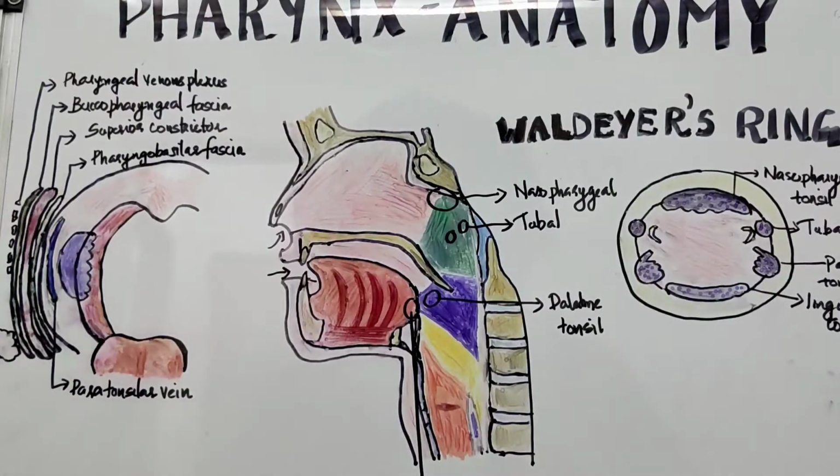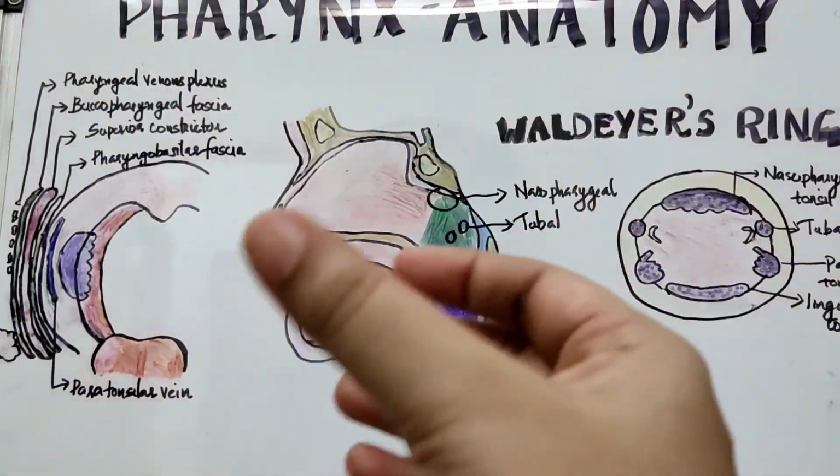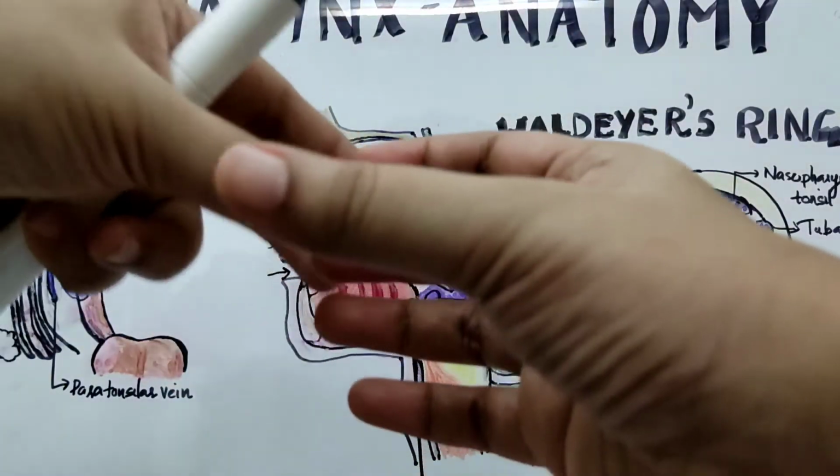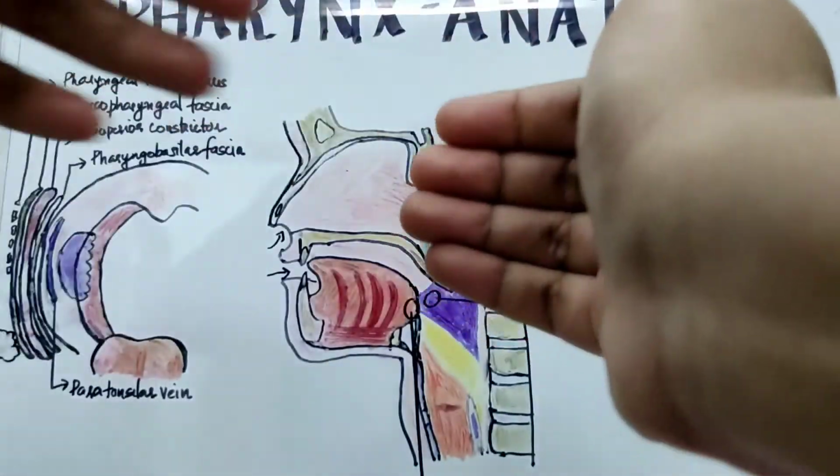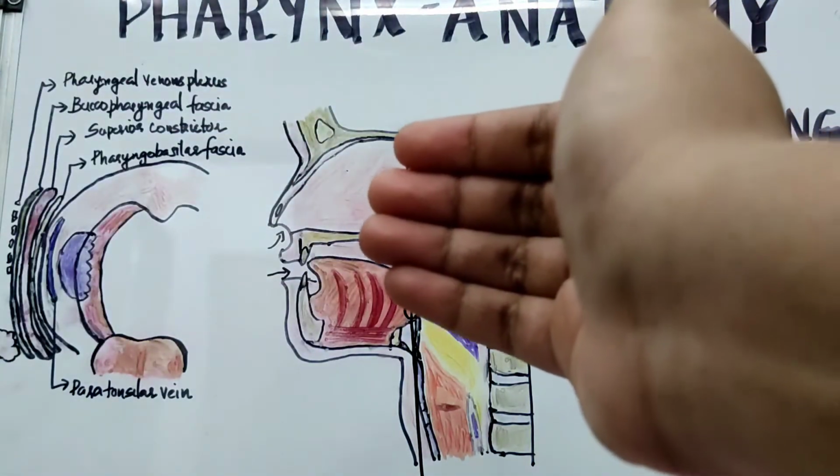The palatine tonsil is located between two arches, the palatoglossal arch and the palatopharyngeal arch. Suppose this is the palatoglossal arch and this is the palatopharyngeal arch; the tonsil is located in between them.